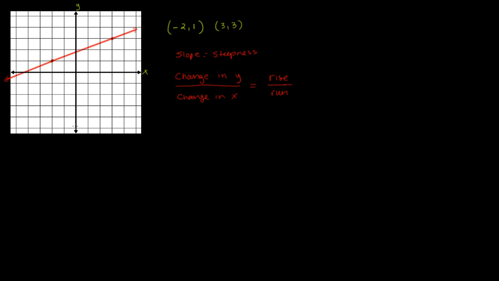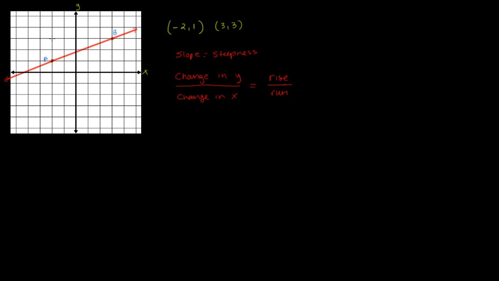Okay, so let's look at the rise of the line first. We need to figure out how much it either goes up or goes down on the y-axis. Let me do this with a different color. So let's look at the first point, let's say point A, and then we have point B. In order to be in line with point B, if we move from point A, we have to go up 1, 2 to be on the same grid line.